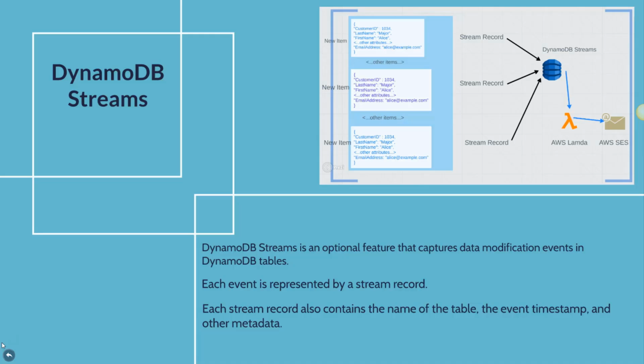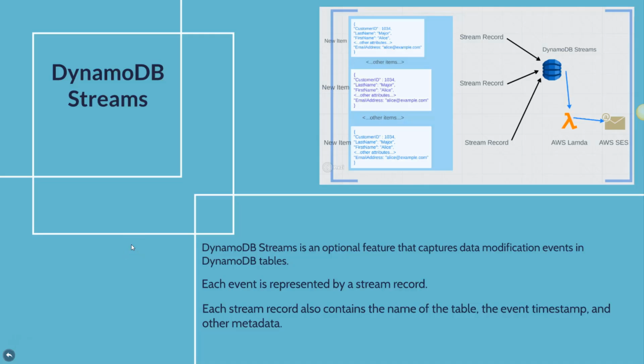Each event is represented by a stream record. If you enable a stream on a table, DynamoDB Streams writes a stream record whenever events occur. First event: if a new item is added to the table, the stream captures an image of the entire item, including all of its attributes.